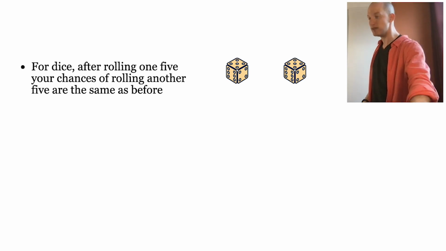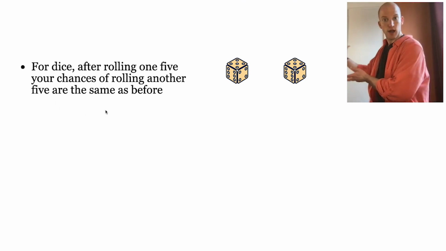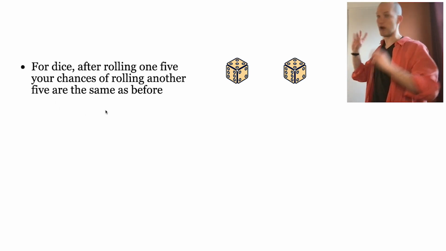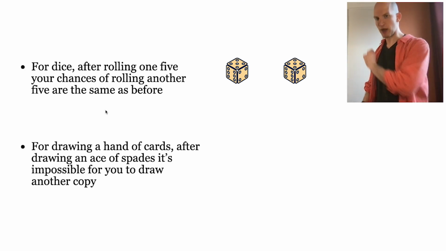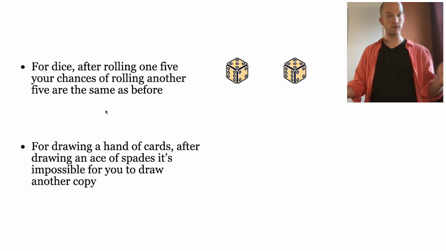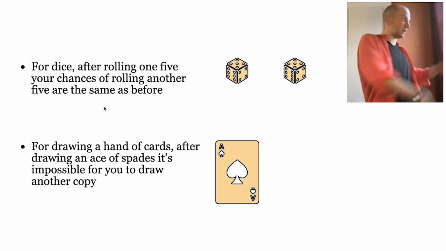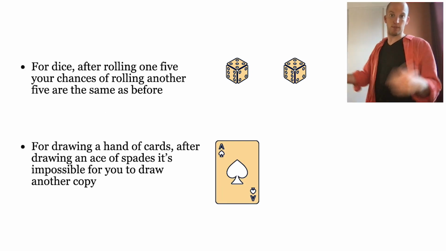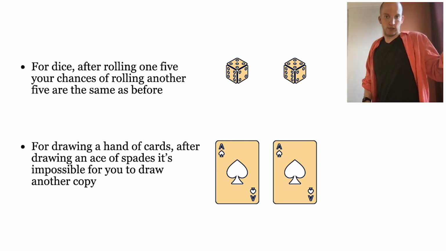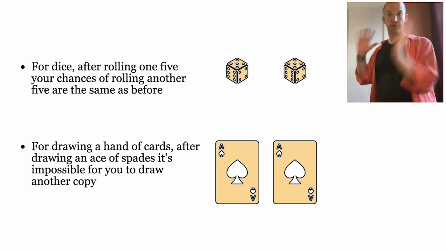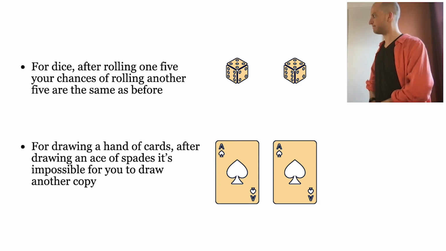However, that intuition, that is a fallacy for a lot of random experiments, as we called them last lecture, is actually spot on the money for a deck of cards. If you draw an ace of spades, the probability of drawing another ace of spades, say in blackjack, is 0. It's impossible to draw 2 ace of spades in a row, at least if you have just one deck of cards.